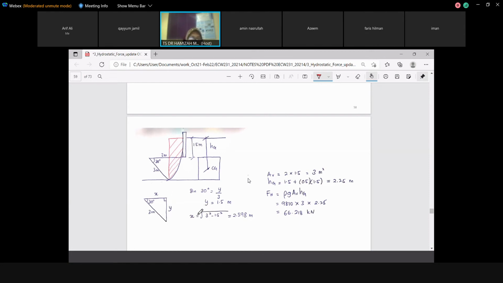And then using theorem Pythagoras, kita dapat nilai X. X kat sini, Y kat sini. Okay, so after we get the Y, we can find the HG. Half of the Y tambah dengan tinggi atas ni 1.5 dapat 2.25.